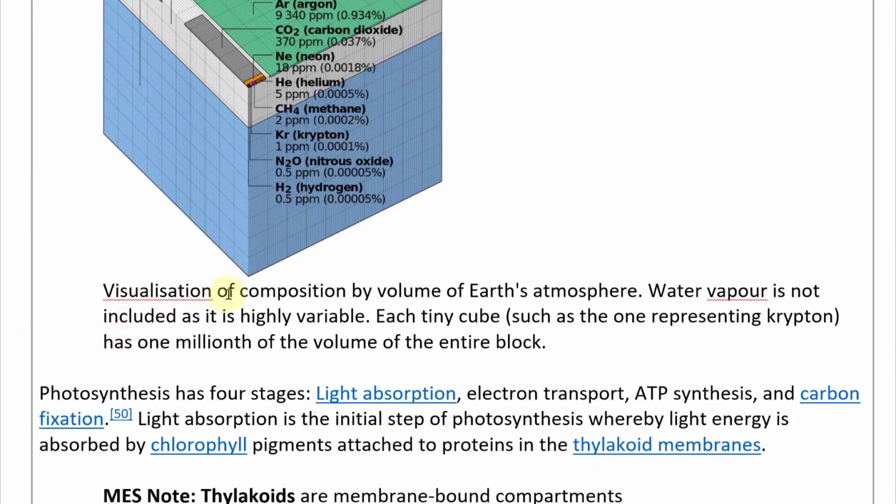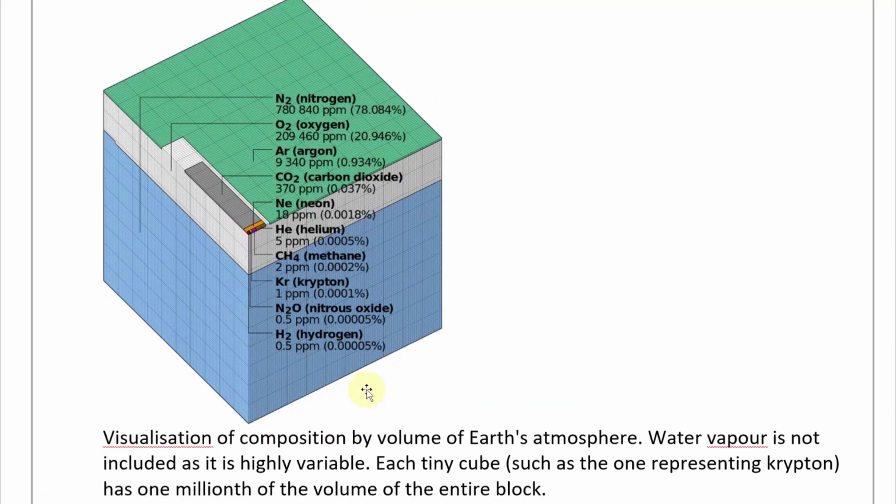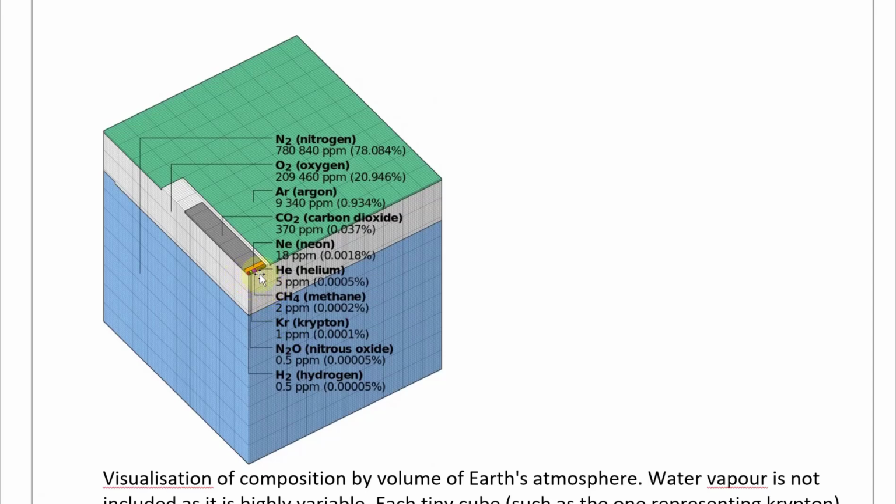Here is a visualization of the composition by volume of Earth's atmosphere. Water vapor is not included as it is highly variable. Each tiny cube, such as the one representing krypton, has 1/1,000,000th of the volume of the entire block, which is absolutely fascinating.